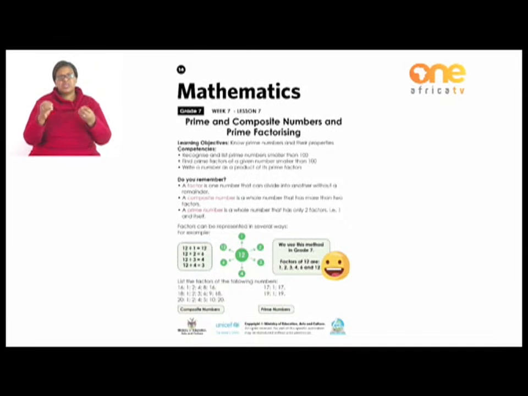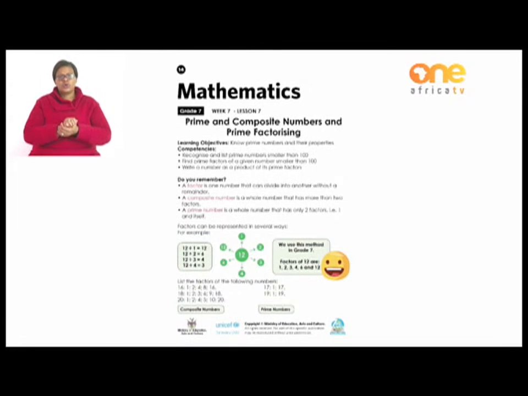Factors can be represented in several ways. For example, if you divide 12 by 1, you get 12. 12 by 2, you get 6. 12 by 3, you get 4. 12 by 4, you get 3. In the middle, we have 12.